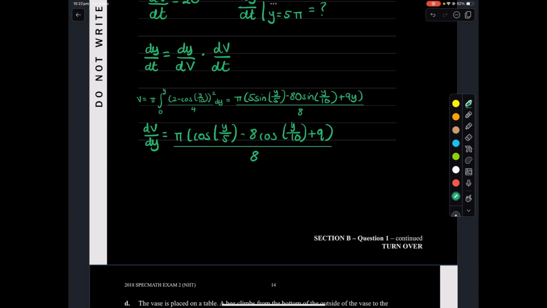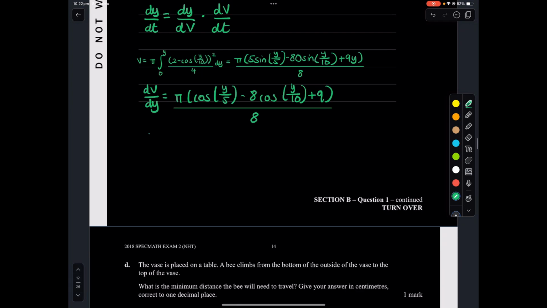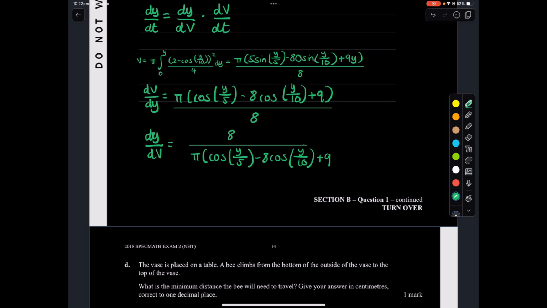That's it. So we got dV/dy, and what we want to do is reciprocate it so we can get dy/dV, which is just, imagine reciprocating this whole thing, it's just going to be 8 over pi times cos(y/5) minus 8 cos(y/10) plus 9.